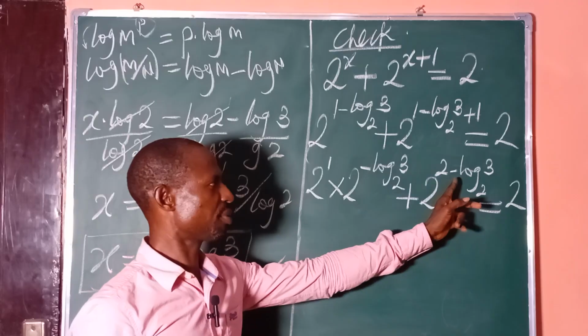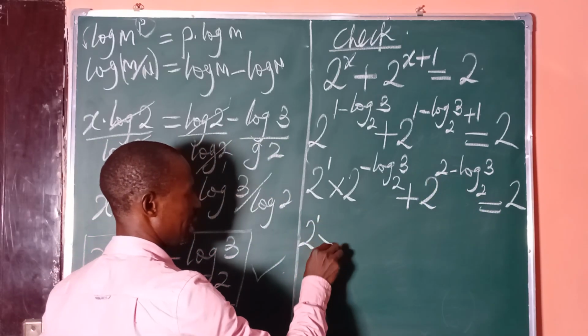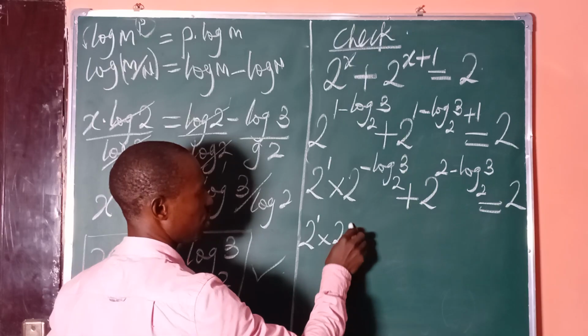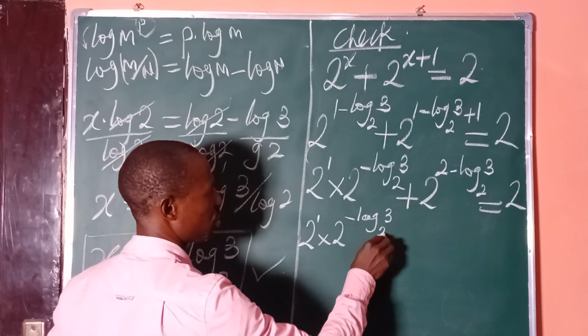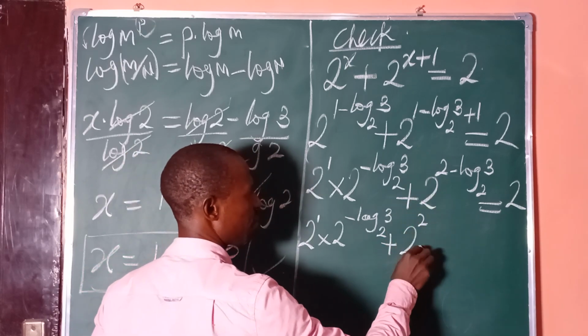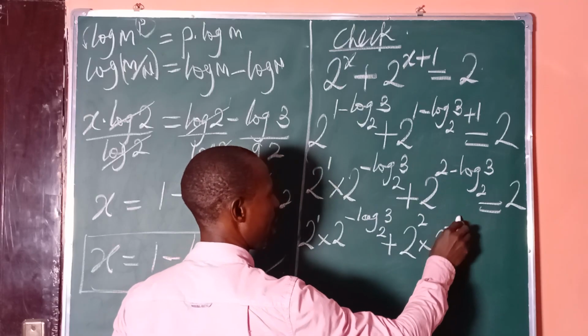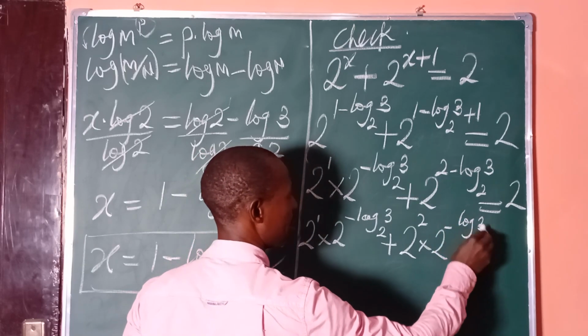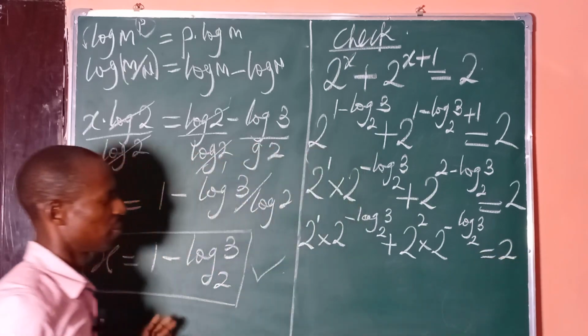Again, we have to rewrite this. So this is going to give us 2 to the 1 times 2 to minus log 3 base 2, plus 2 to the 2 times 2 to the log 3 base 2, everything equal to 2.